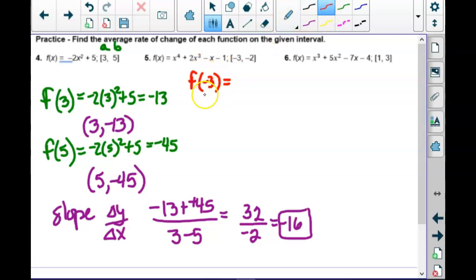Okay. Who did negative 3? Did you already do that one? 29. Did anybody already do the negative 2? Okay. Did anybody do the 1 over here? Or the 3 yet?